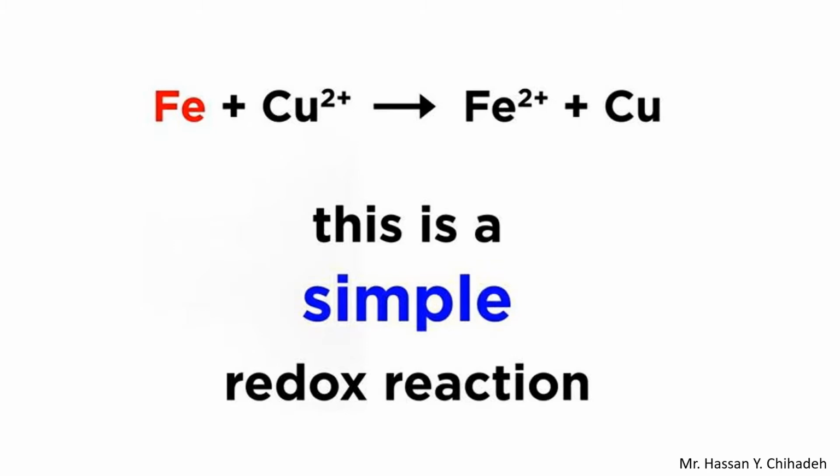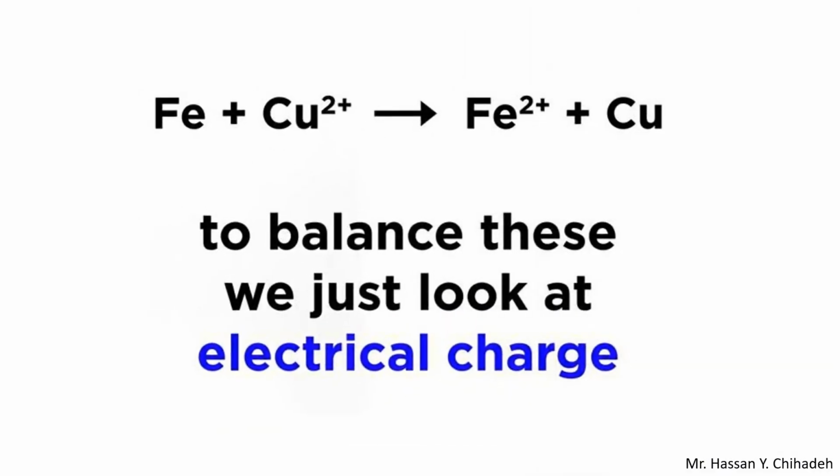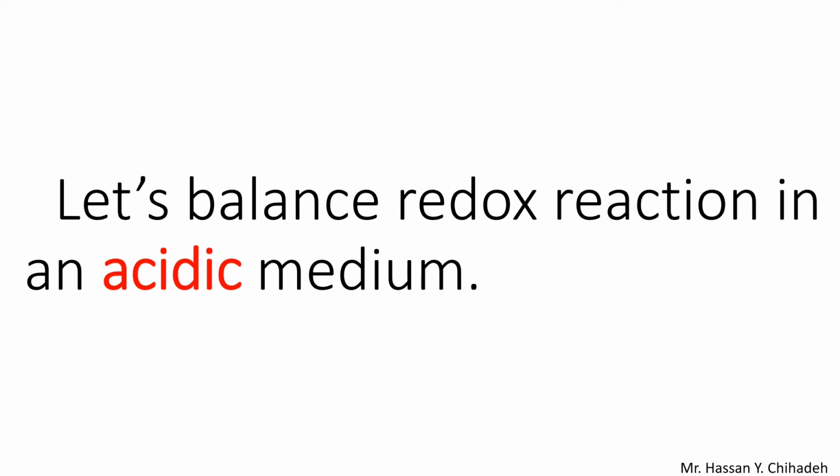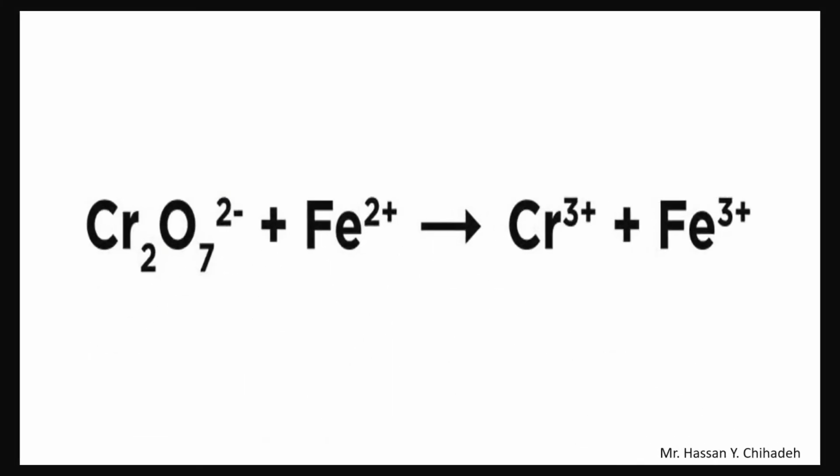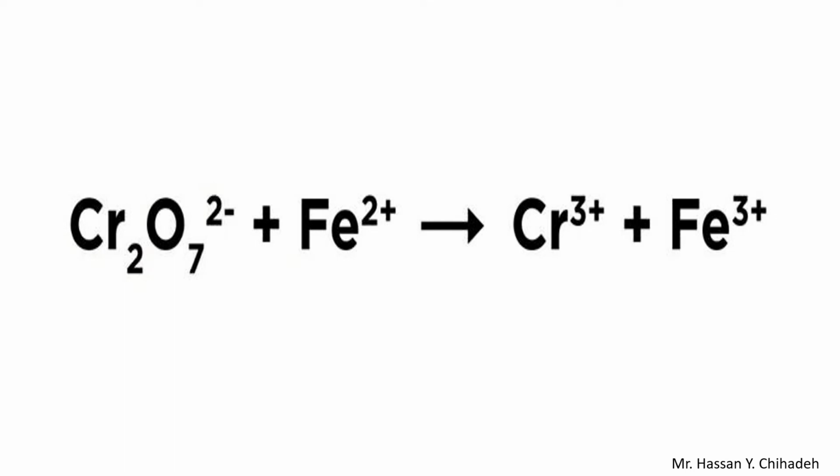But redox reactions can become more complicated if molecules of solvent are involved in chemical reactions, as water molecules in aqueous solution. Let's learn how to balance this kind of redox reactions now using half reactions method in an acidic medium.